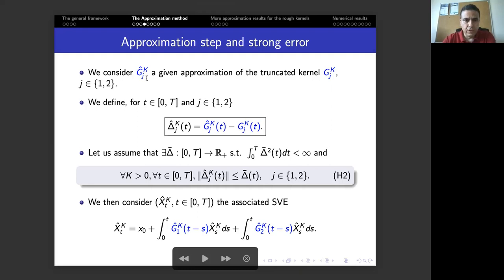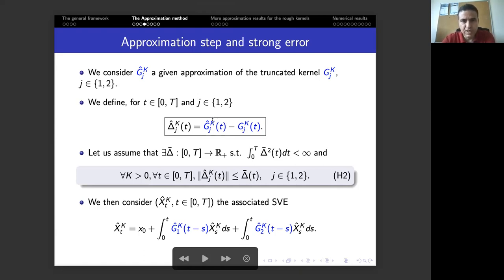So let us consider first G hat k, a given approximation, it's not precise yet here, of the truncated kernel GKJ for J between 1 and 2, because here we simply consider two different kernels, but you can assume that you have the same kernel and omit the index J. So we define for t between 0 and maturity the error between our approximated kernel and the truncated one.